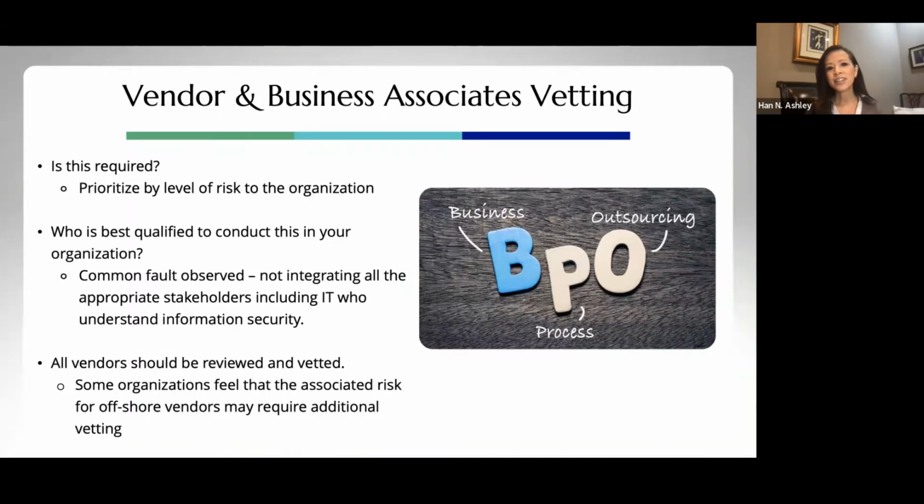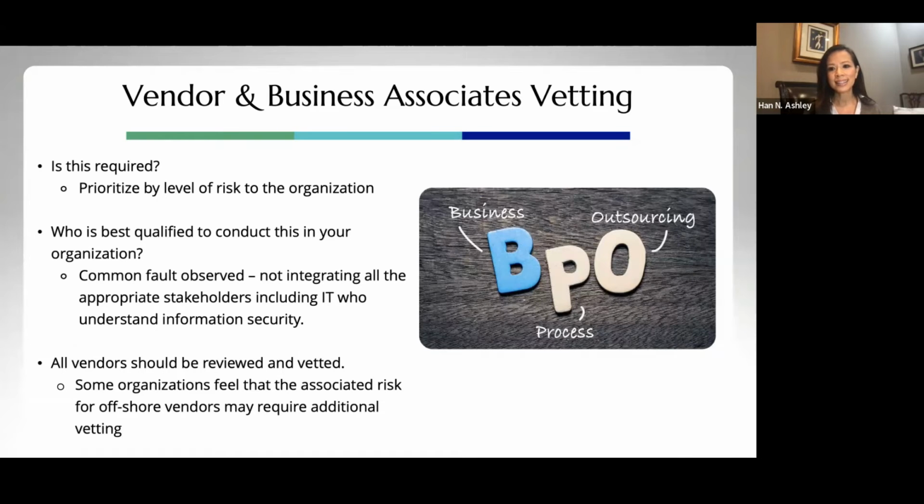Okay, vendor and business associate vetting. Is this required? We get this question a lot as a third-party auditor, and we like to tell them that it's important to prioritize the vetting according to the level of risk this business associate has to your organization.